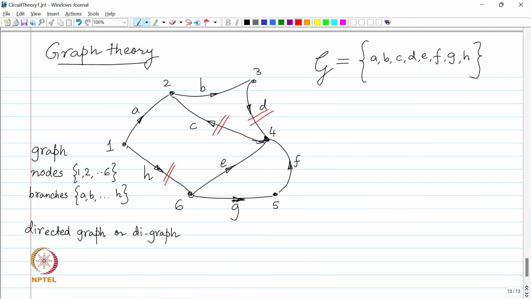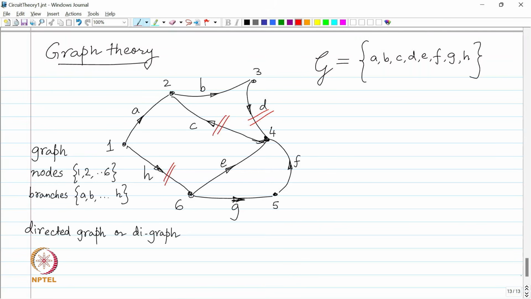The graph will split up into two subgraphs, okay, two subsets, and they are not going to be connected with each other. So, that is called a disjoint or a disconnected graph, fine.